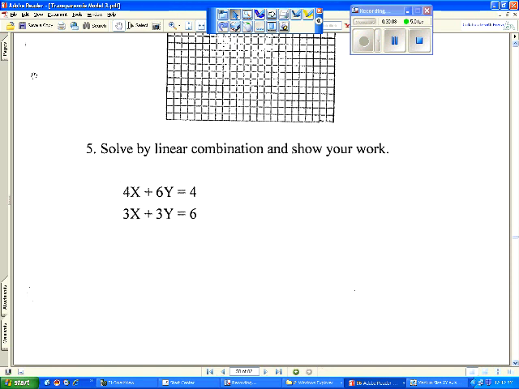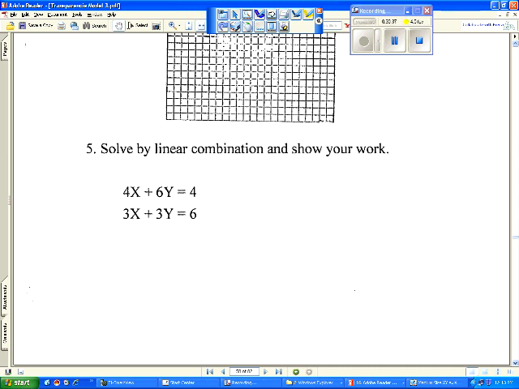Solve by linear combination and show your work. To solve a system of equations by linear combination method, you leave them both in standard form and align like terms vertically. That's already been done for us. And then we're going to produce opposite coefficients of one of the variables, which is what?